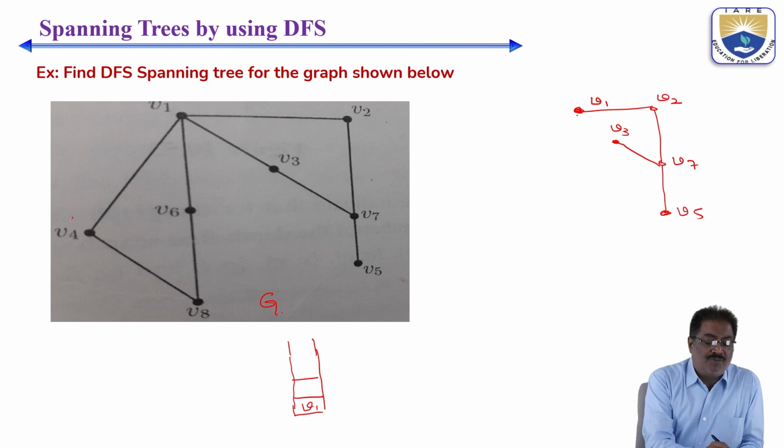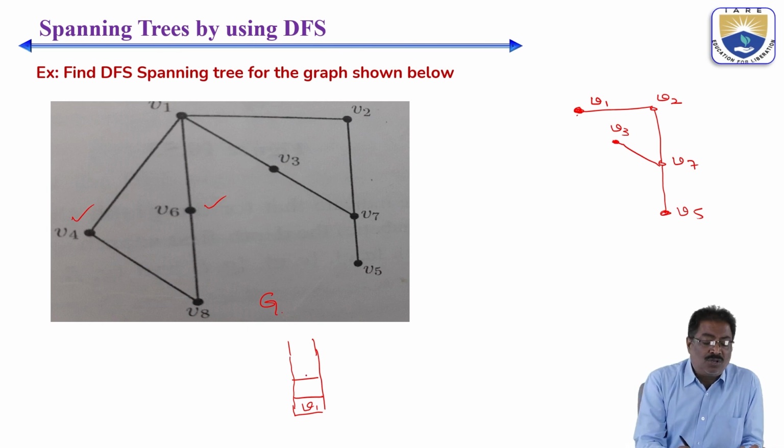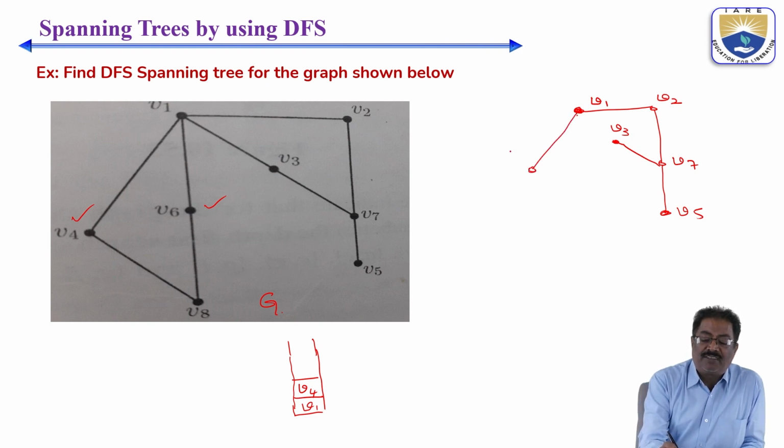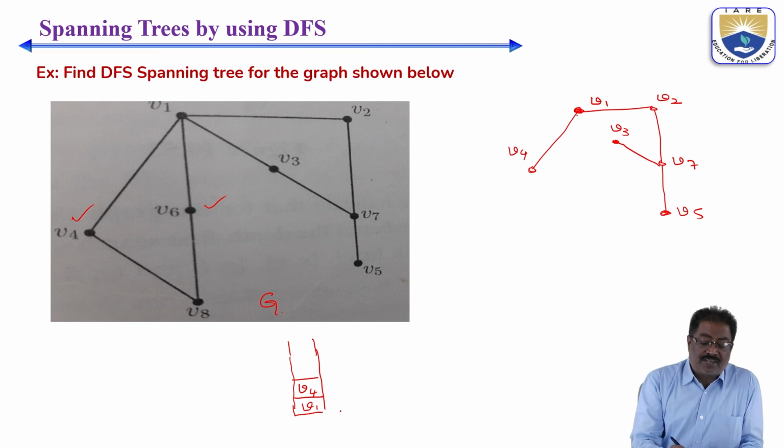One is V4 and the other is V6. Among these two vertices, pick any one and push that vertex into the stack. So we push V4 into the stack. Then V4's adjacent vertex is V8, so V8 is pushed into the stack.